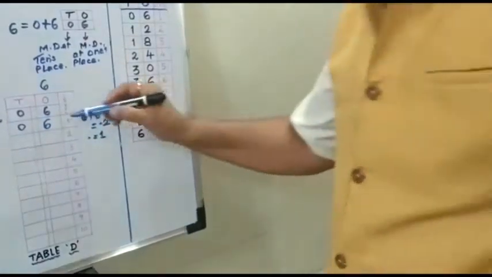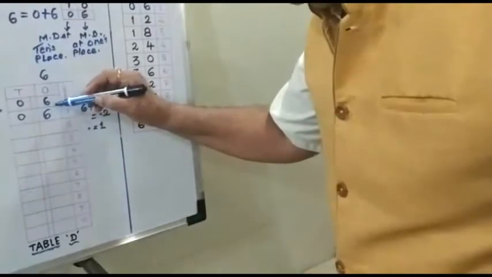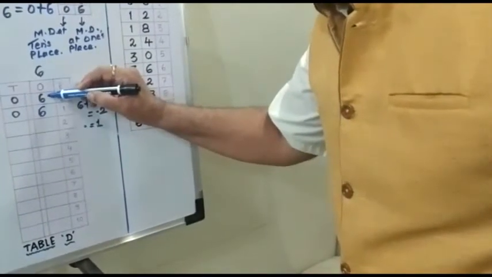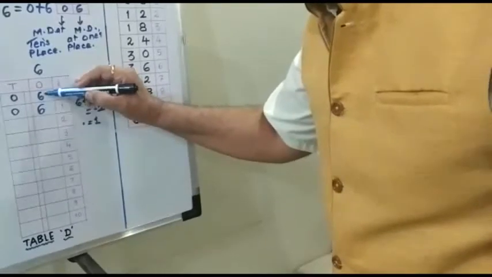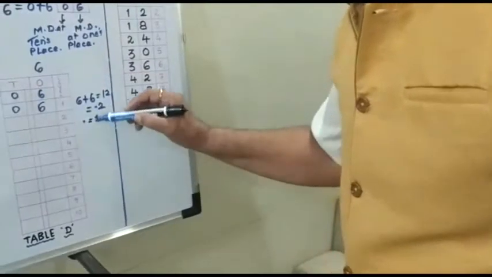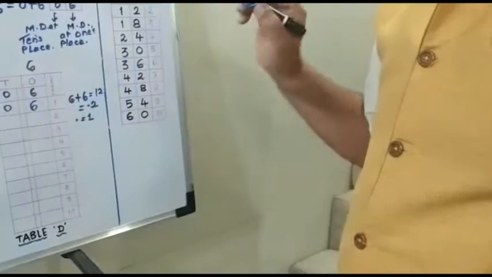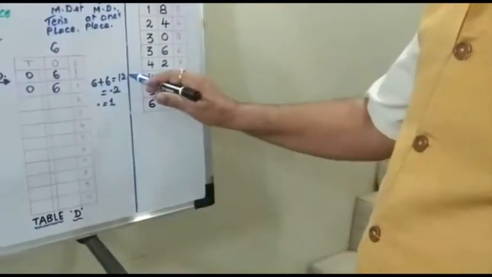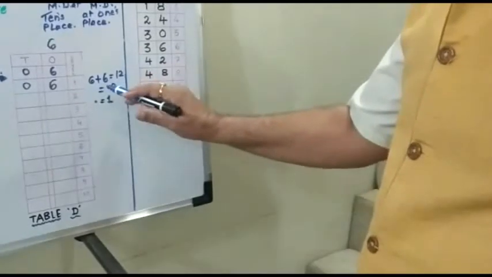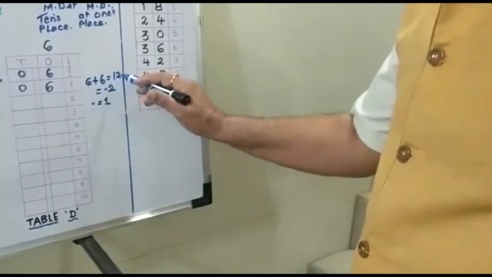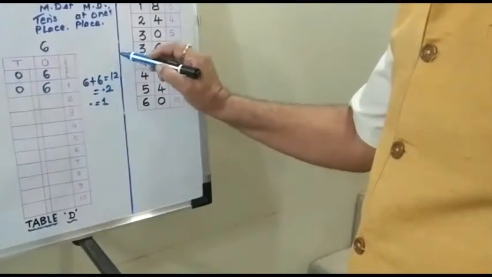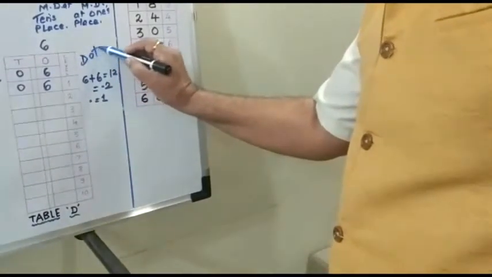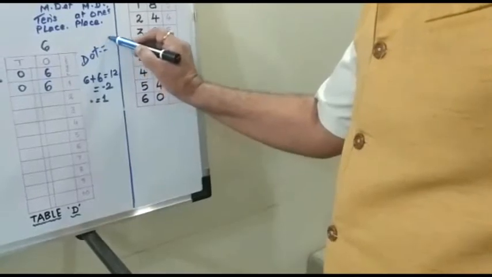Okay. Now, what is the next? To get this number, what we have to do? We have to add this master digit to the number that we know. So 6 plus 6, 12. Oh, again we have got a 2-digit number. Earlier we were having just single digit numbers, no problem. But now we got a 2-digit number. So 6 plus 6 is 12. How can we put that? Here dot is equal to 1.